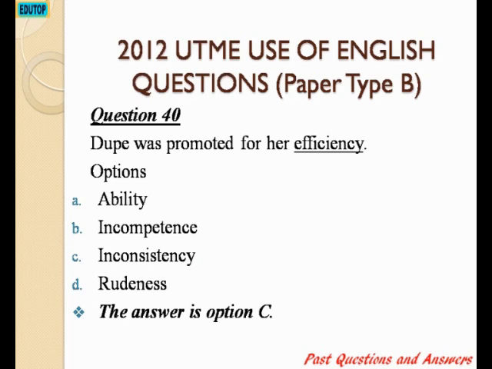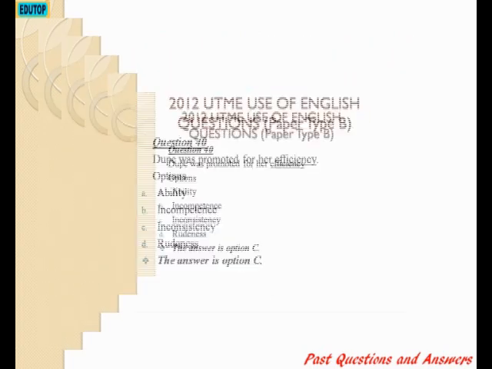B. Incompetence. C. Inconsistency. And D. Rudeness. Rudeness has to do with habit. Inconsistency has to do with irregularity, while incompetence has to do with the efficiency and ability. So we have incompetence as the opposite of efficiency, and that is option C.